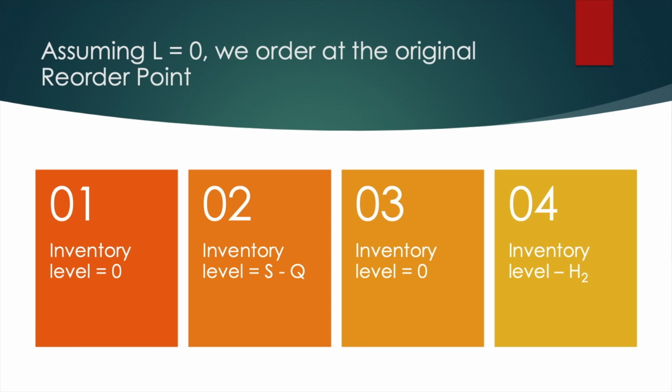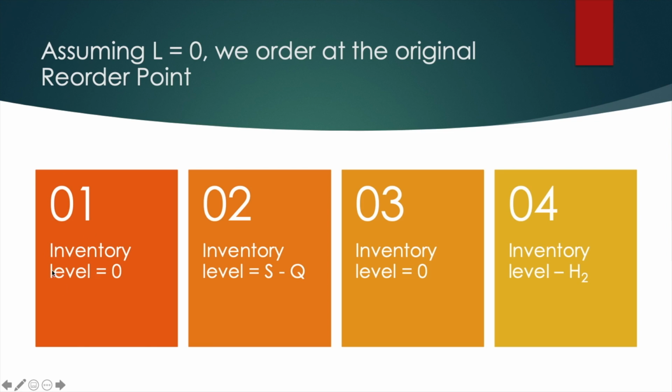If we go back to the four models that we've discussed, model 1, 2, 3, and 4, what we have here are the reorder points in terms of the inventory level, assuming that lead time is zero.